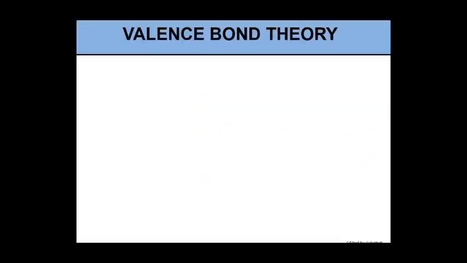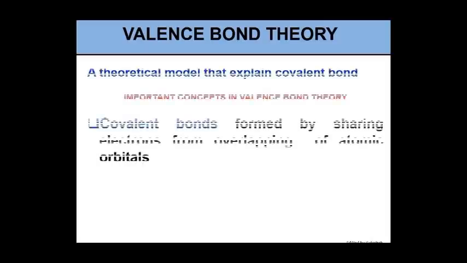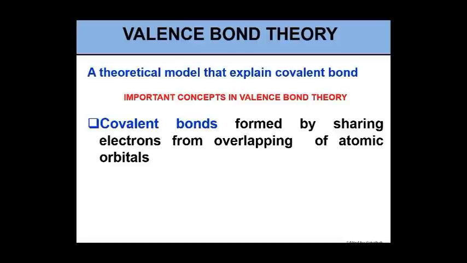Before we go further, we need to know what valence bond theory is. Valence bond theory is a theoretical model that explains covalent bonds. An important concept is that a covalent bond is formed by sharing electrons from overlapping of atomic orbitals.